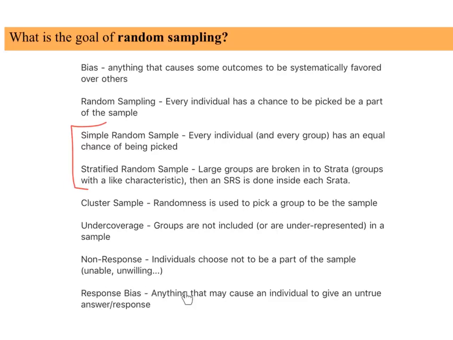Response bias. Response bias is anything that may cause an individual to give an untrue answer or response. My favorite example of this is that when I was in college, I took a Phys Ed course. It was a required course, and the guy teaching the course was not a real great professor, and he was kind of unprepared.